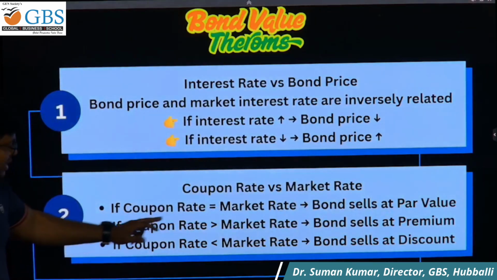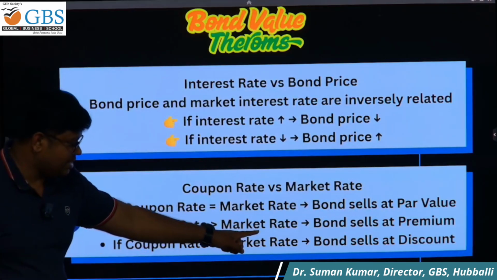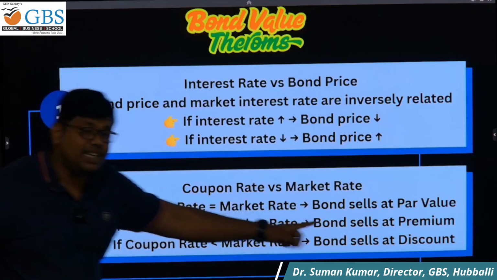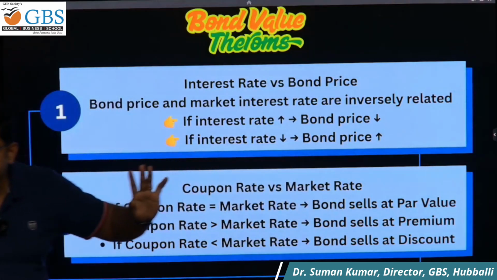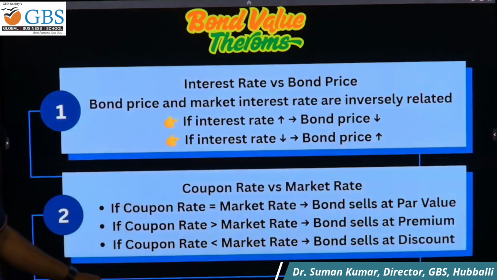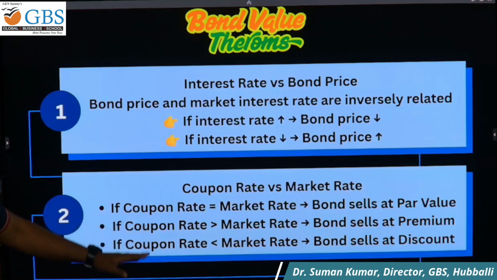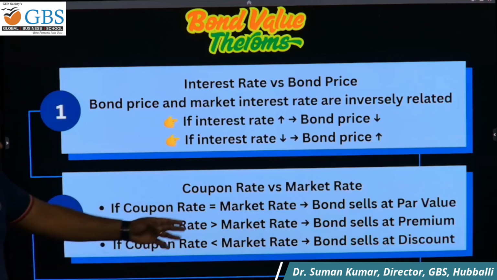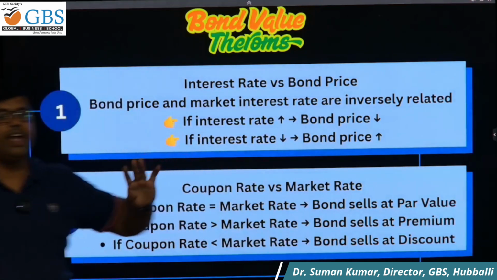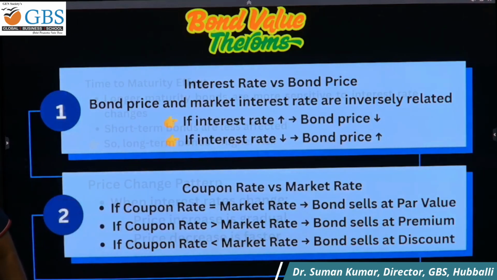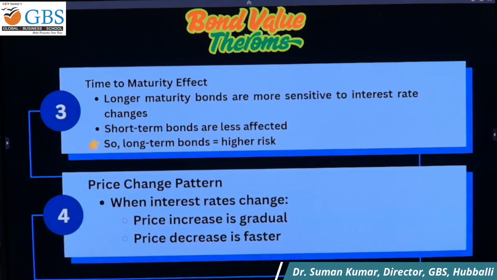If coupon rate is more than the market rate, the bond sells at premium. Will you agree? Right? Then if coupon rate is less than the market rate, the bond sells at discount. Very simple. It's a logic. Okay. Time to maturity effect.